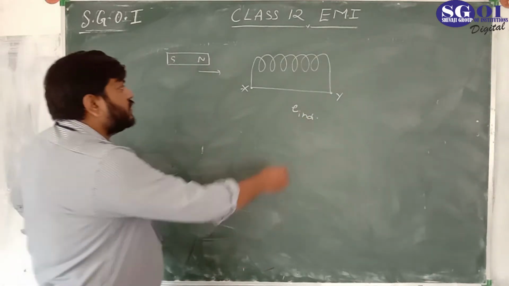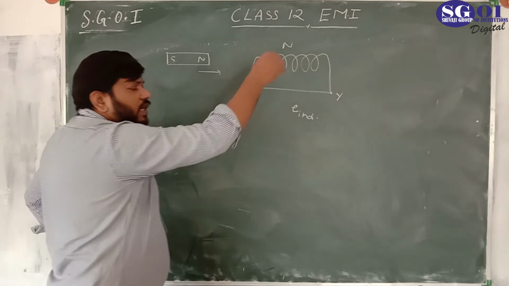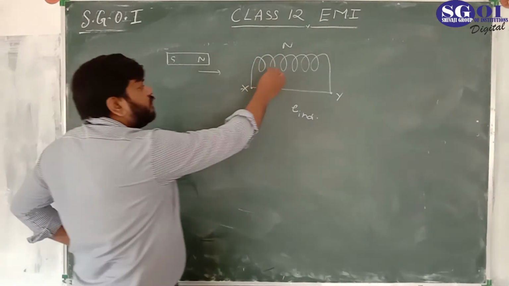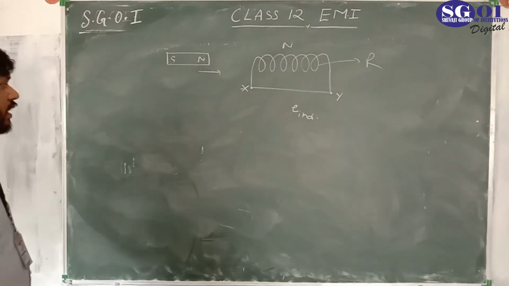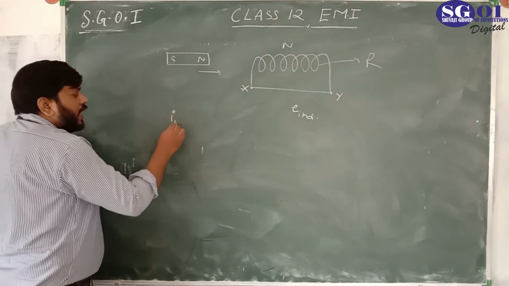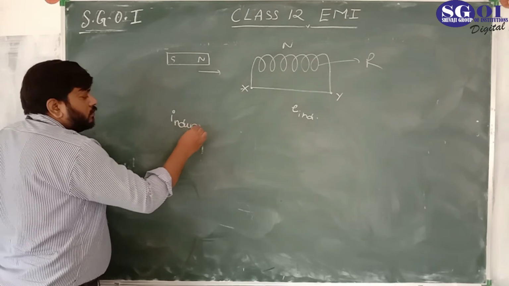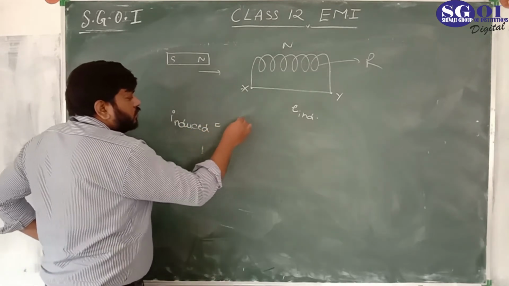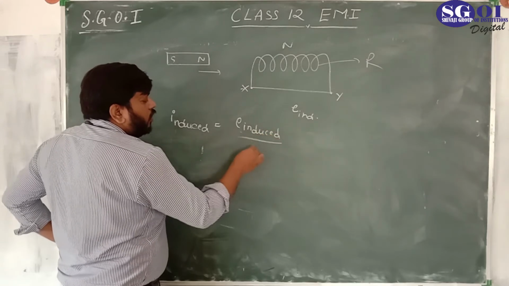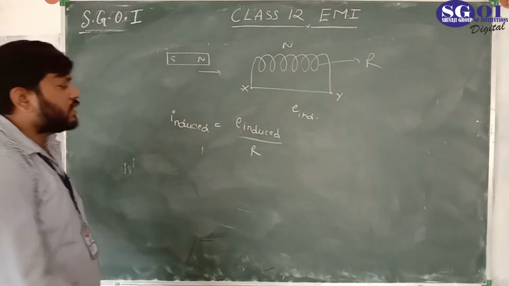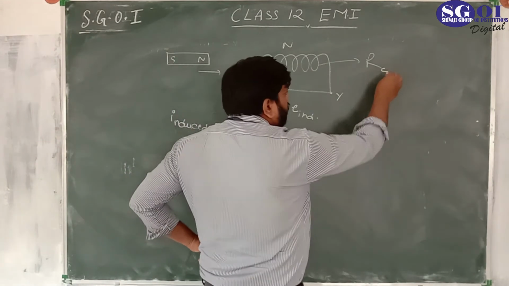and the number of turns is N, a current starts flowing, and if the resistance of the coil is capital R, then we can say current I induced equals E induced upon R, the resistance of the coil, let's say RC.